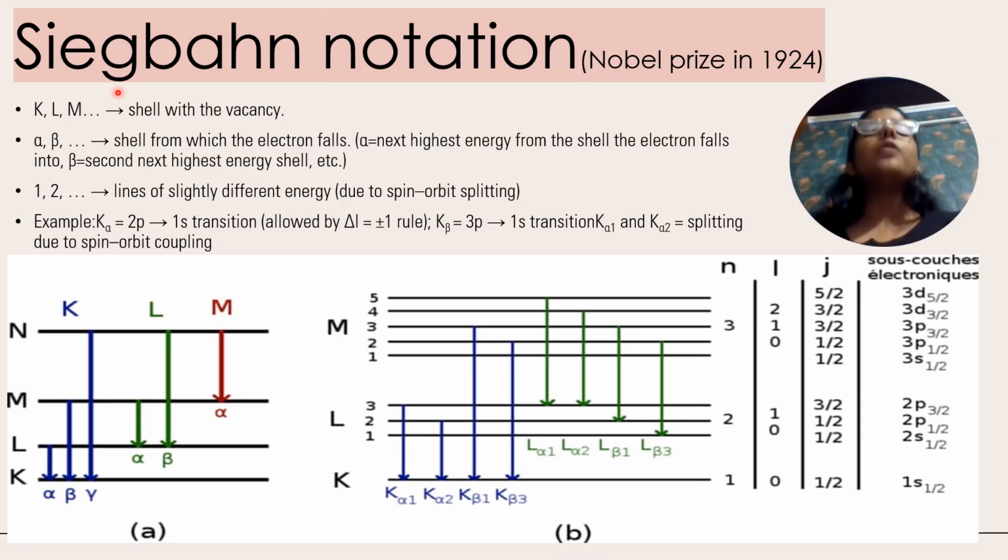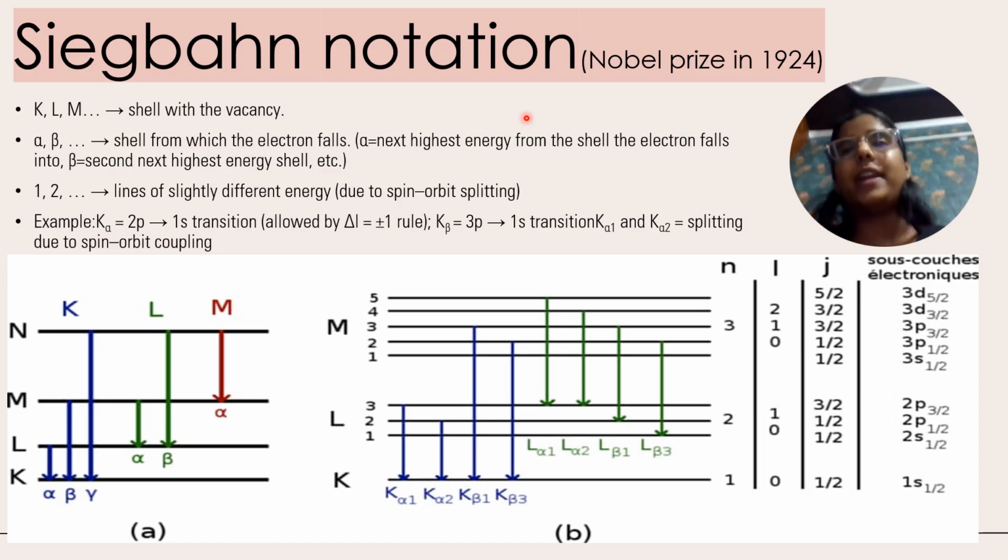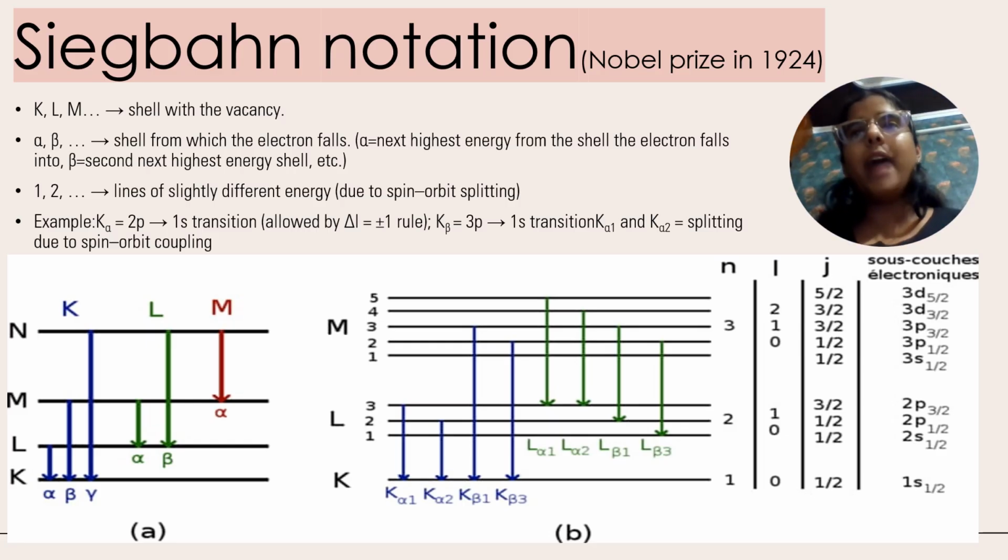So this is how Siegbahn notation gives us an idea about the characteristic X-ray spectral lines.